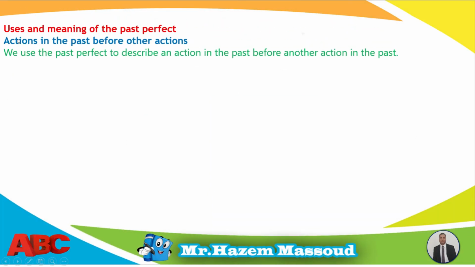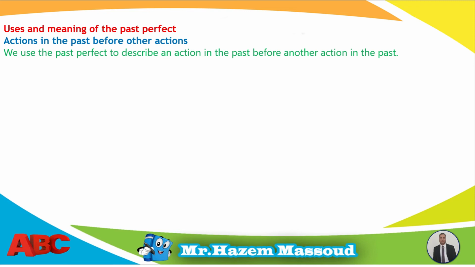Now let's move to the uses and the meaning of the past perfect. Actions in the past before other actions. So we use the past perfect to describe an action in the past before another action in the past. So this is the first use, to describe the first action. I have two actions in the past.